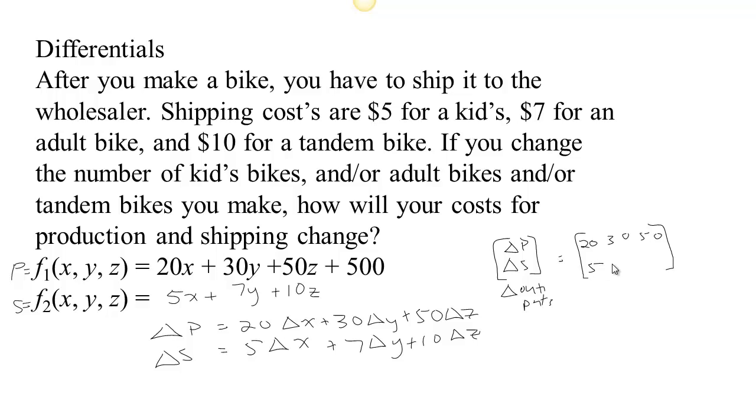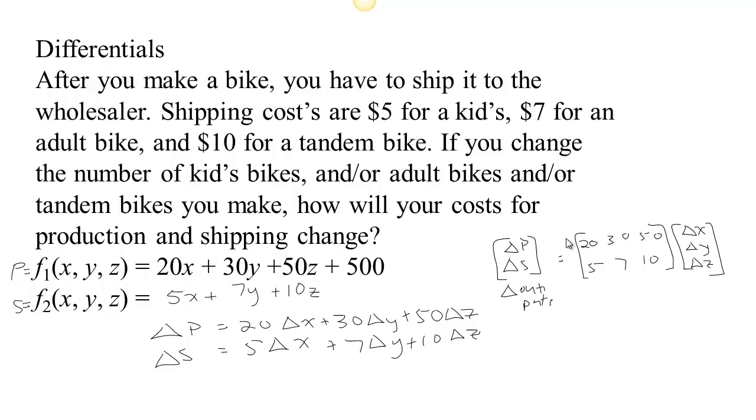And then the second row of our total derivative matrix would be the partial with respect to x of the second component, the derivative of the second with respect to y, and the derivative of the second with respect to z, times our changes in x, y, and z.